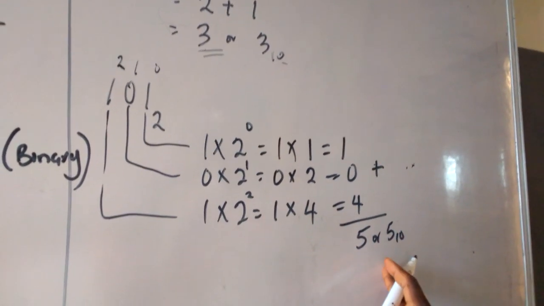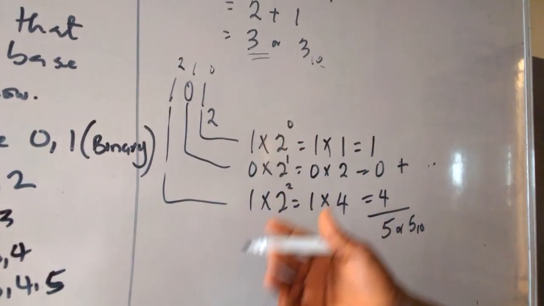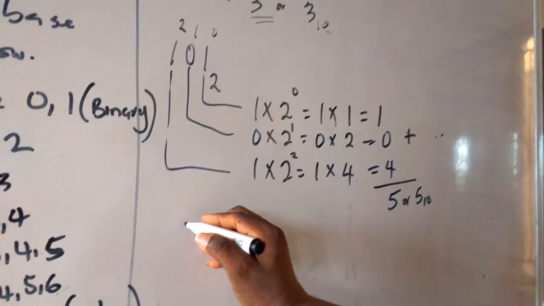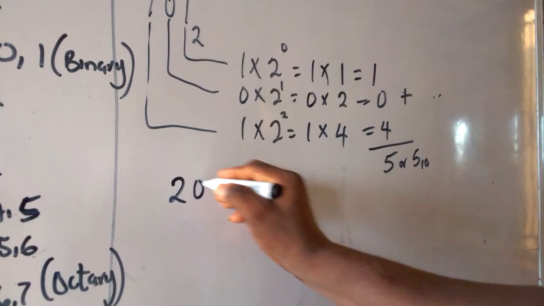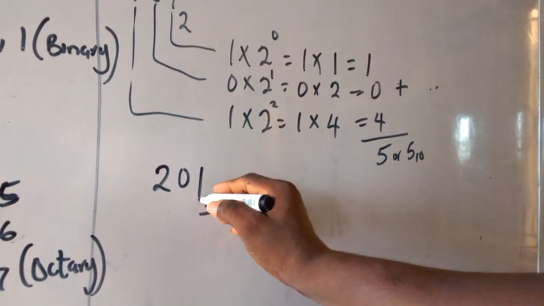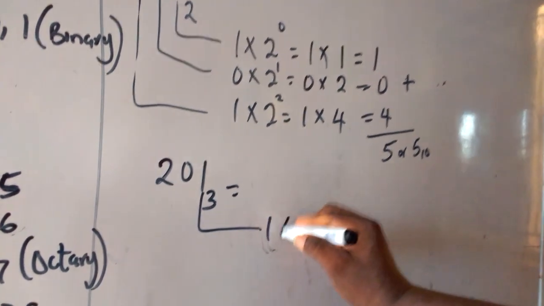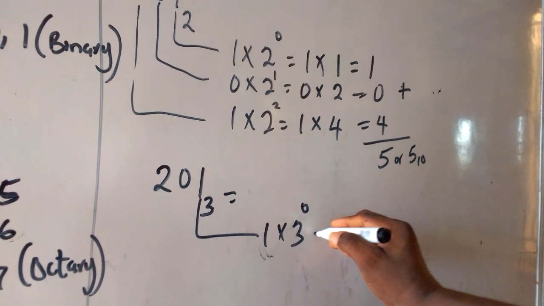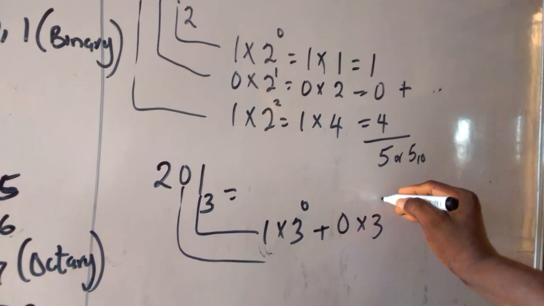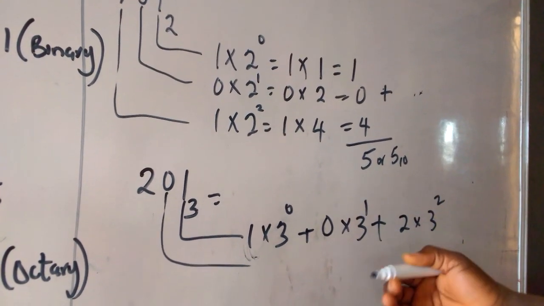That's how it goes. The same way, if you are asked to expand or solve in a given base. If the question is 2, 0, 1 base 3, I will say 1 times 3 raised to the power 0, plus 0 times 3 raised to the power 1, plus 2 times 3 raised to the power 2.